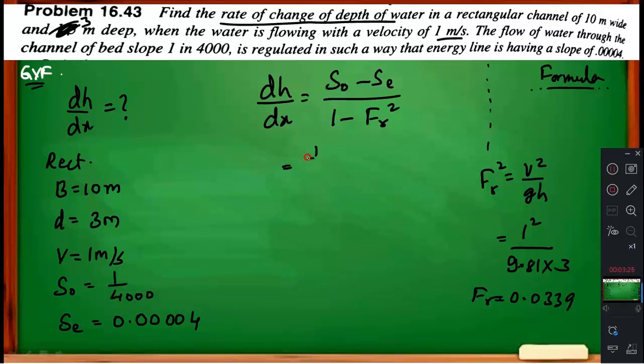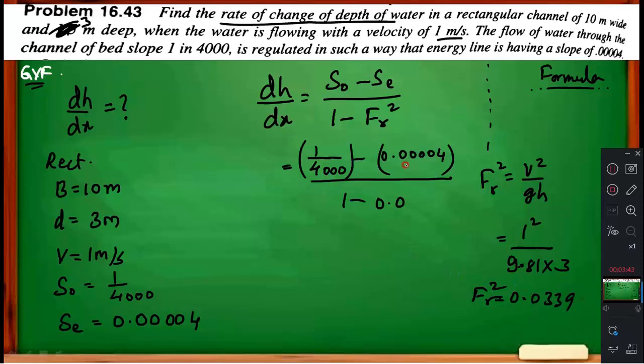Now substitute everything here. This S naught is 1 by 4,000 minus 0.0004, whole divided by, you can put a bracket here, 1 minus FR square, which is 0.0339. So 1 by 4,000 minus 0.0004, divided by 1 minus 0.0339.